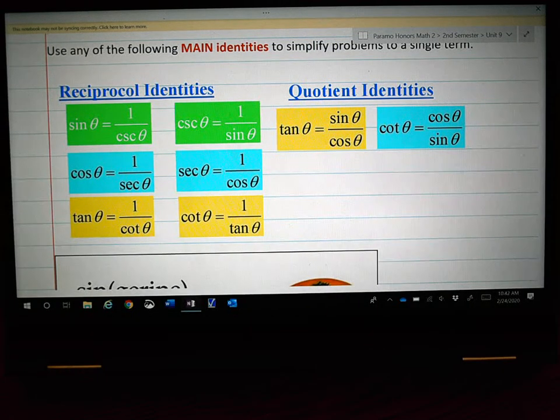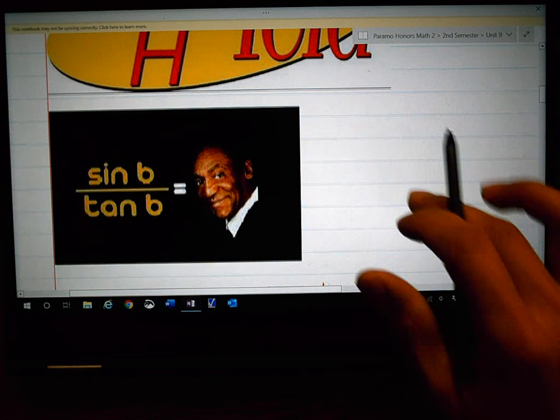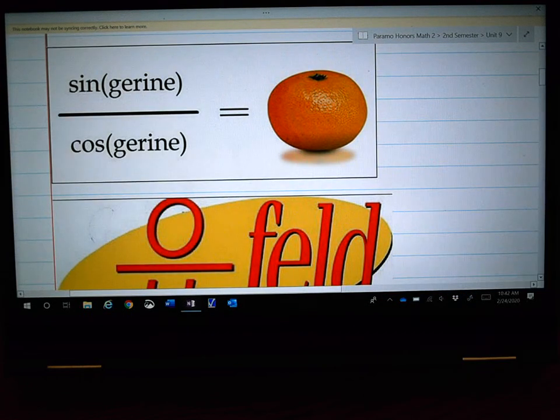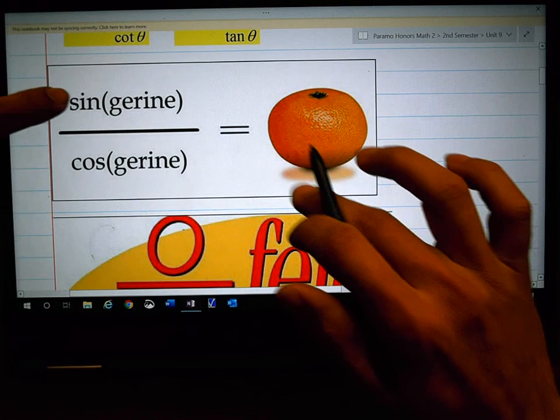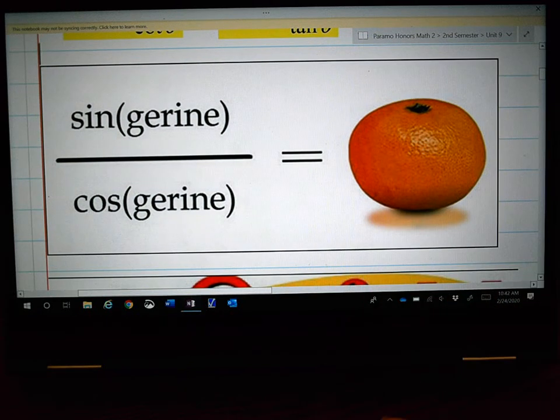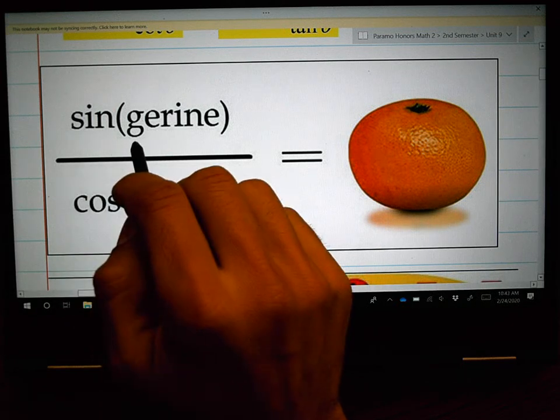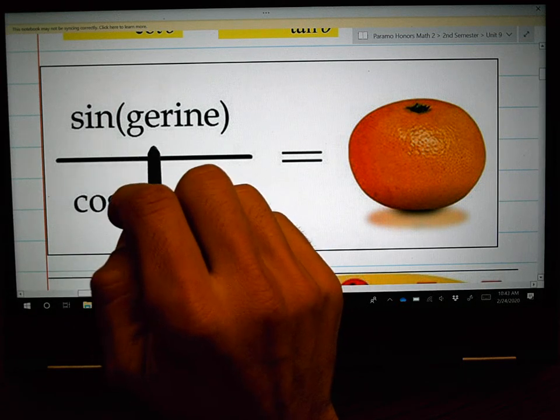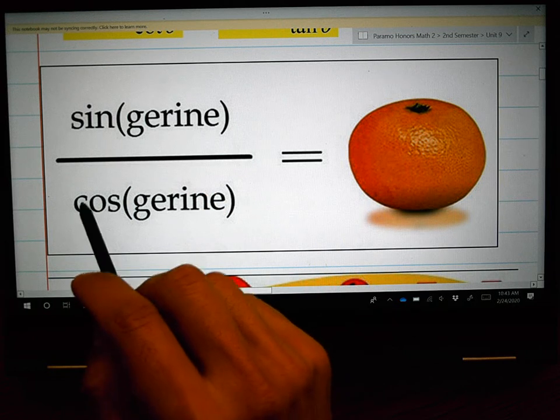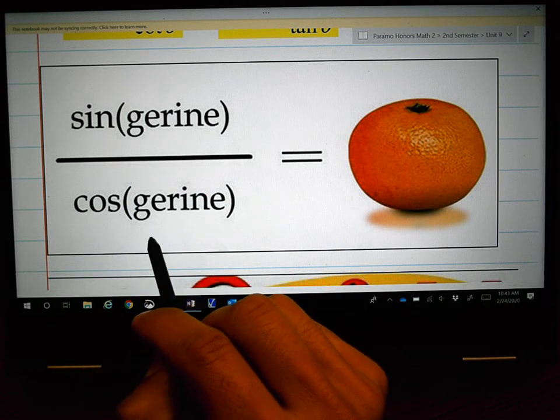If I ask you. So that brings us to some of these jokes, if you will, that you can now understand now that you have taken trig. For example, if you were wondering what this is, because on your notes you're like, what the heck is that? You should now understand my first joke for you. The sine of an angle called gerene divided by the cosine of an angle called gerene.